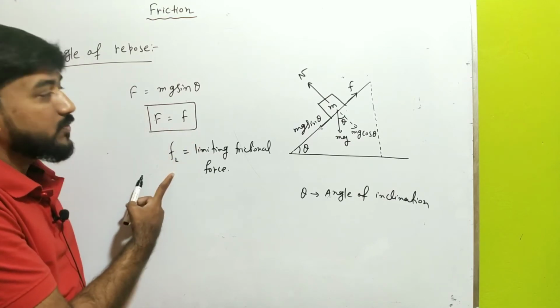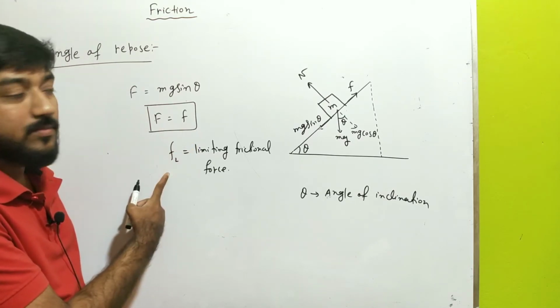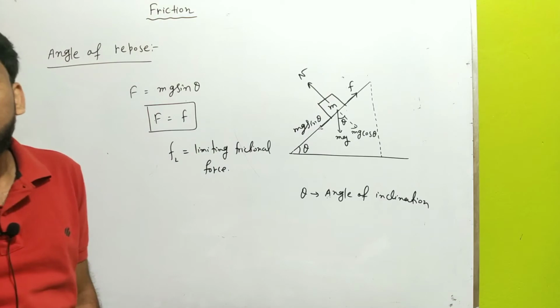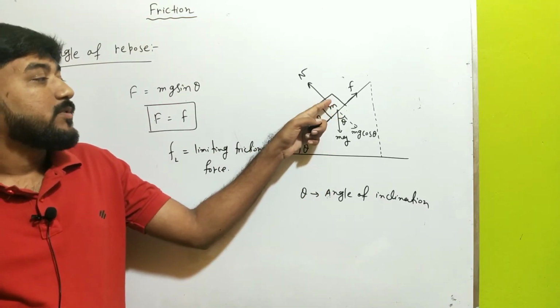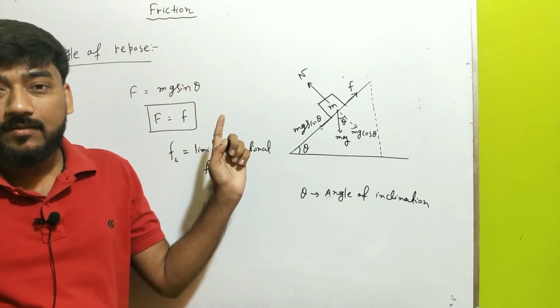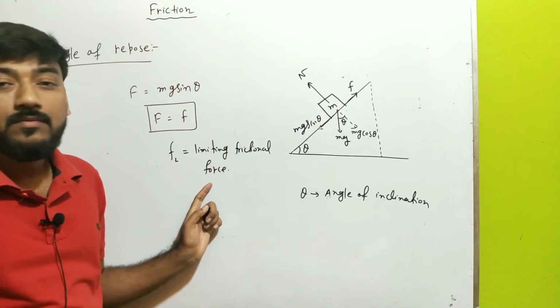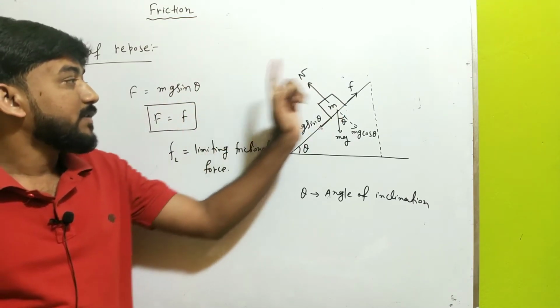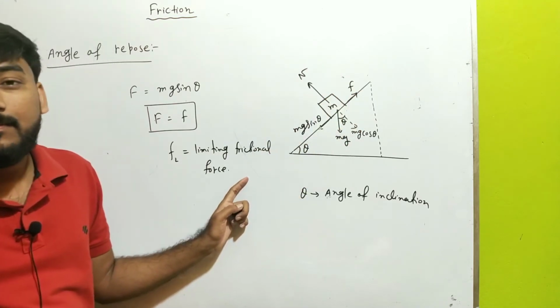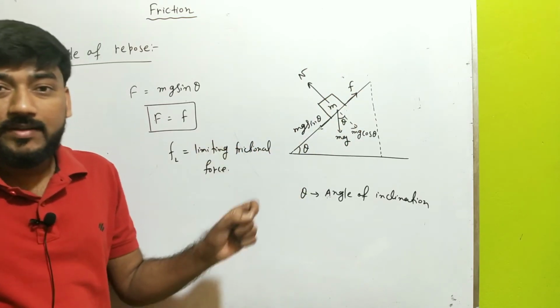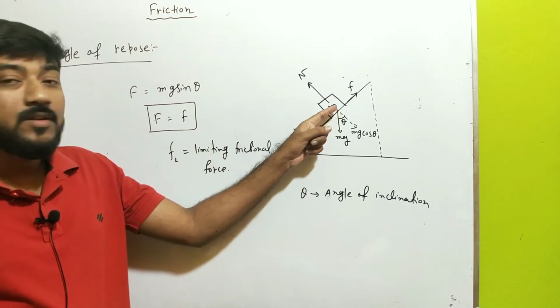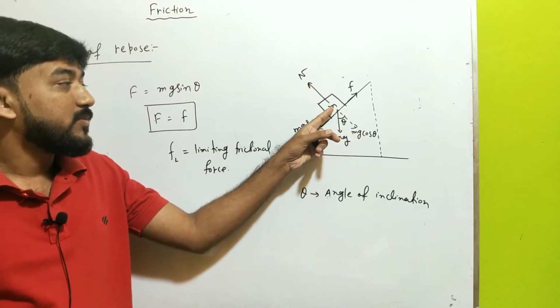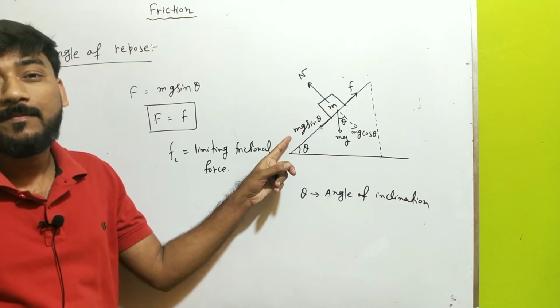And beyond this limiting frictional force, which arises due to the adhesive force between the surface of this object and this inclined plane, it has a maximum value. It cannot adjust itself after some particular value, and that critical, limiting condition is the one beyond which the object will be moving.